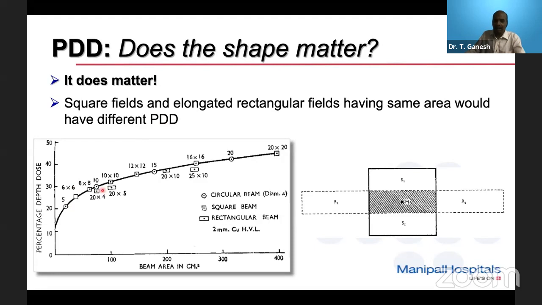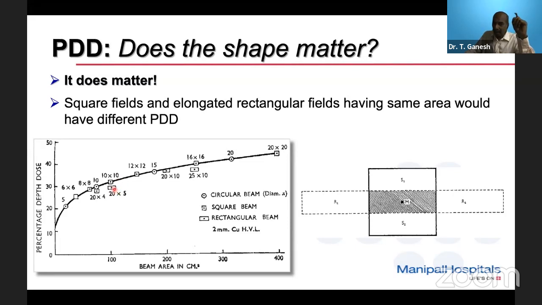Look at this graph. This is the percentage depth dose PDD for different areas. You see here, this square 10 by 10, how much is the value? Something like 31 or something like that. And for 20 by 5, both are having the same area. 10 by 10 area is 100, 20 by 5 area is 100.